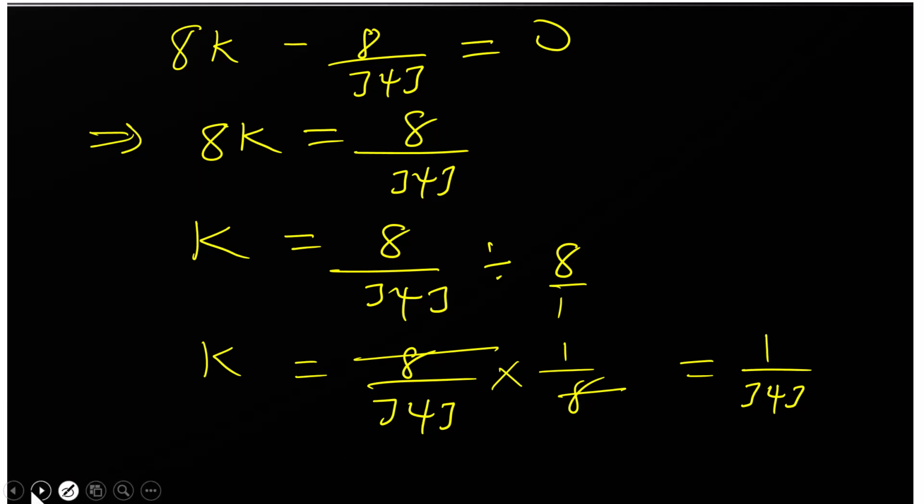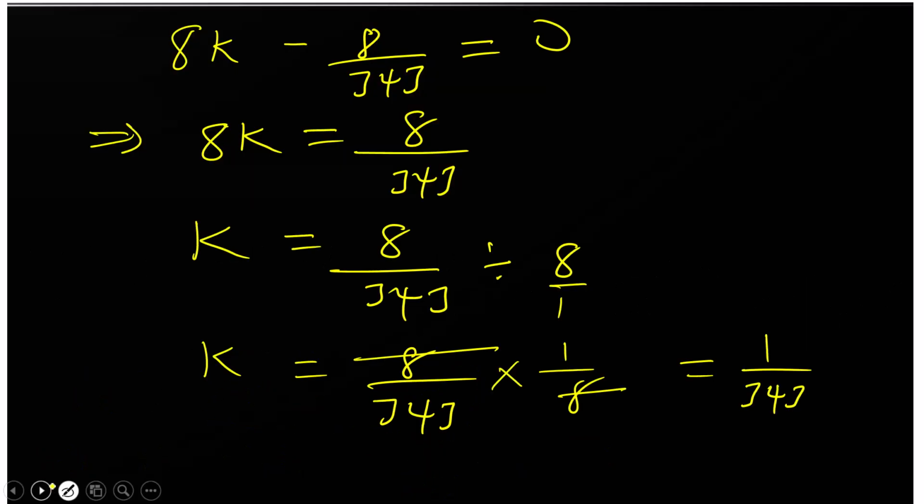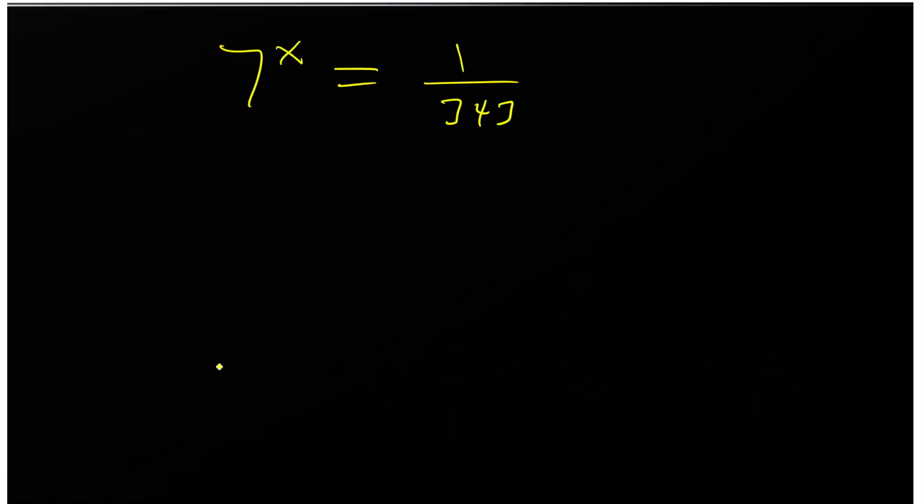Now we can recall that 7 to the power x is k. Okay, so 7 to the power x is k, but k is 1 on 343. Okay, so 343 is the same as 7 to the power 3.